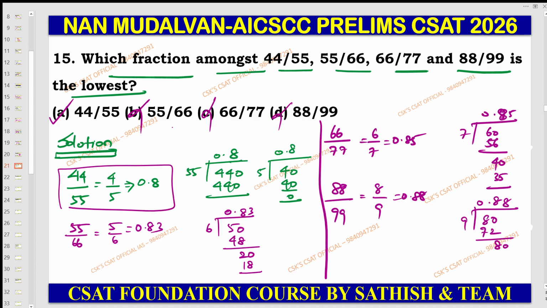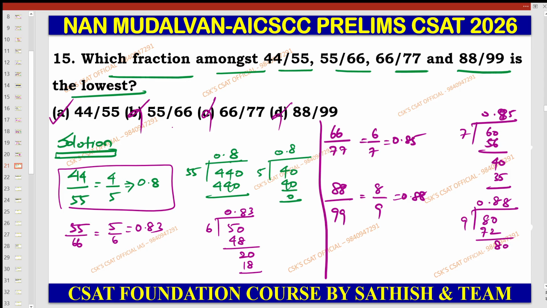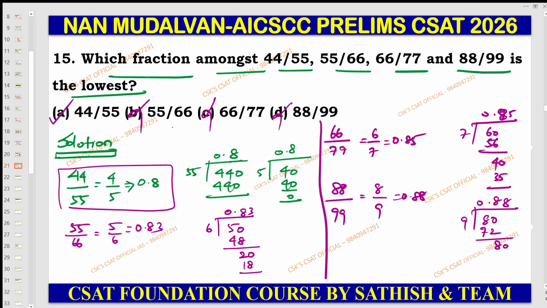Another method: you know like fractions. That concept you can apply. Like fractions. Here see, 44 by 55, the difference between these two is 11. 55 by 66, is it 9 or 11? 11, isn't it?